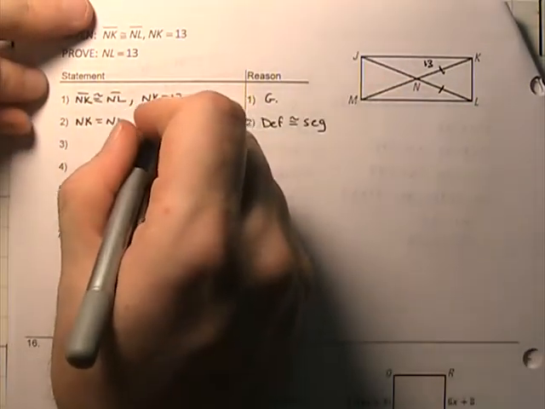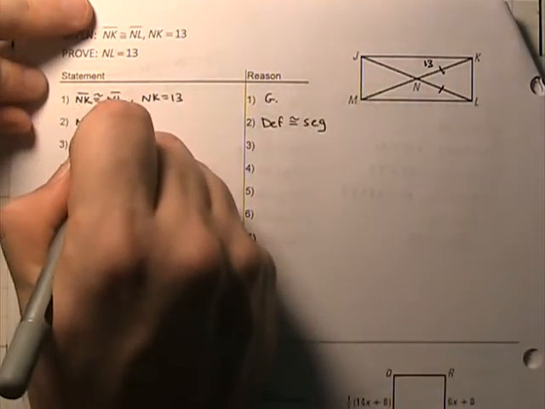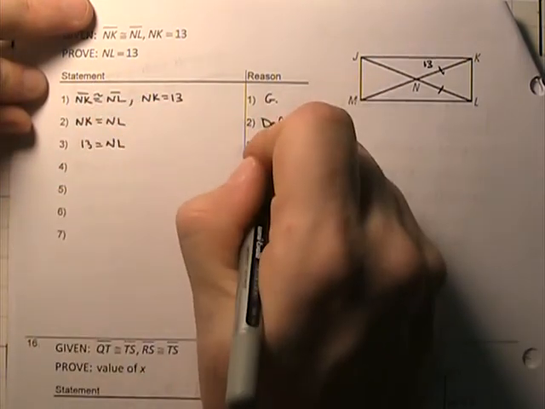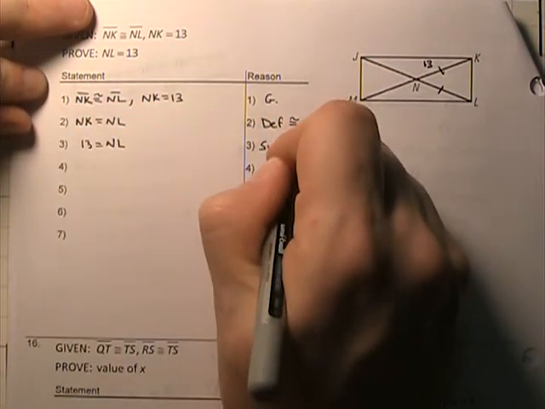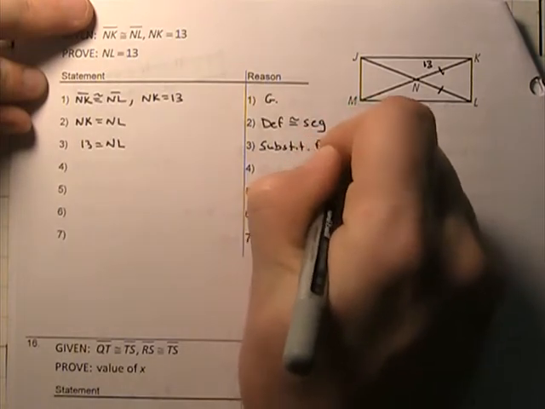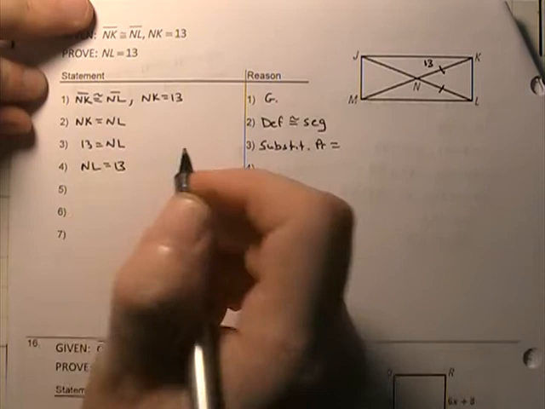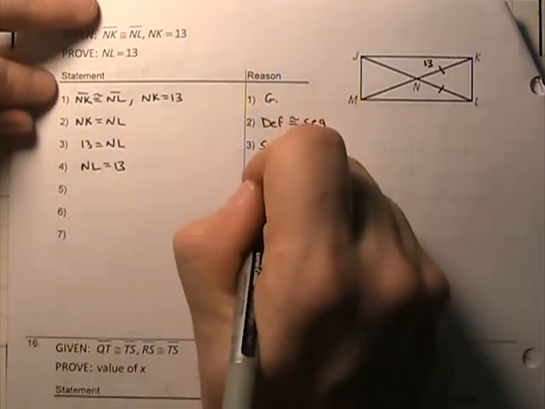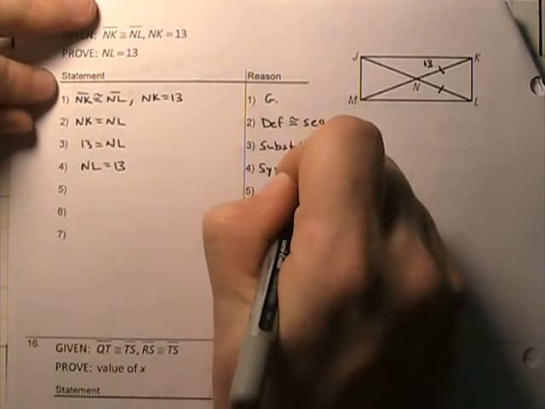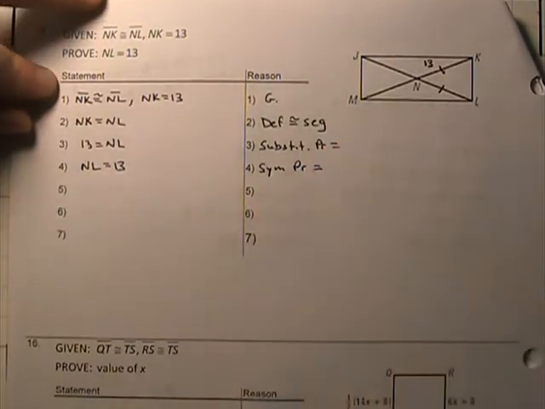We can substitute in: 13 equals NL. Substitution property of equality, and let's switch these around. And that is the symmetric property of equality.